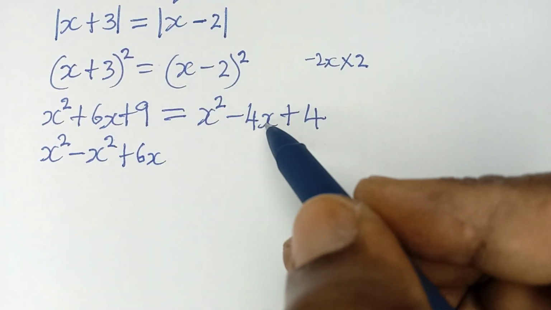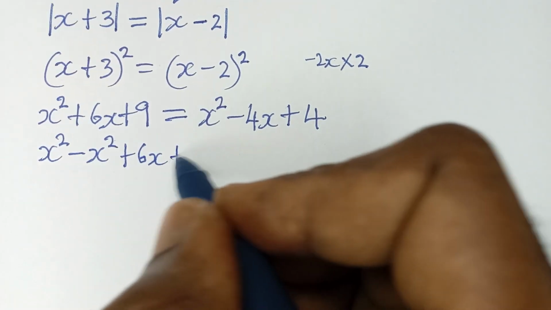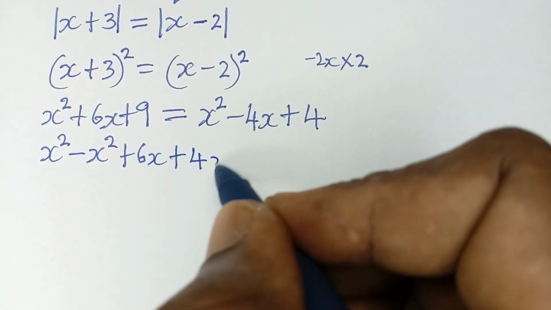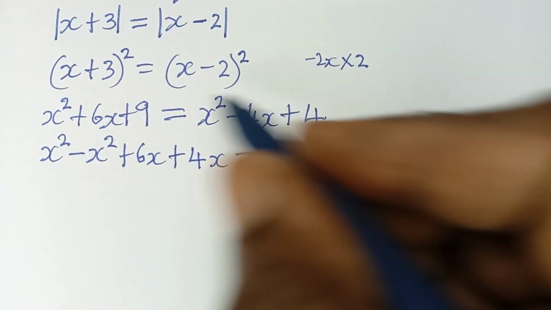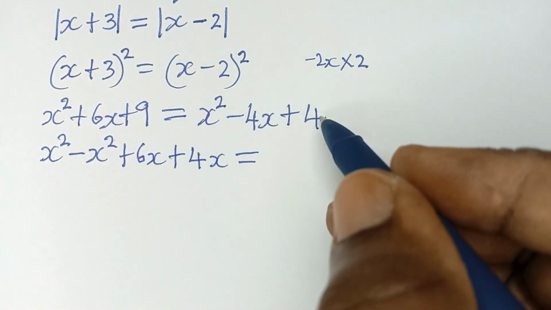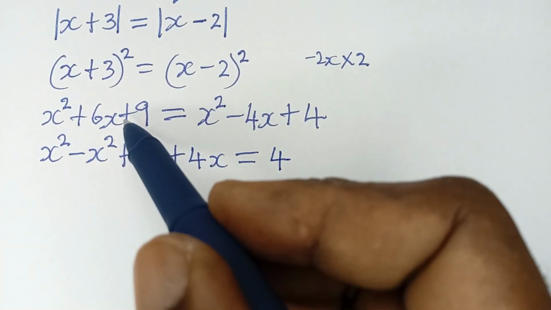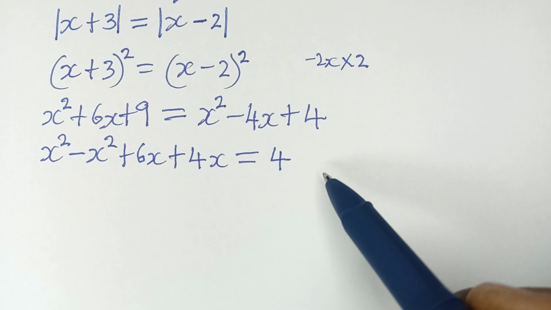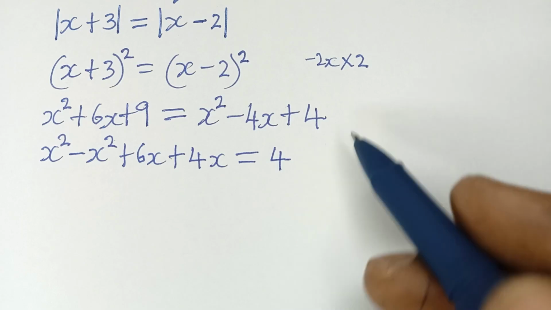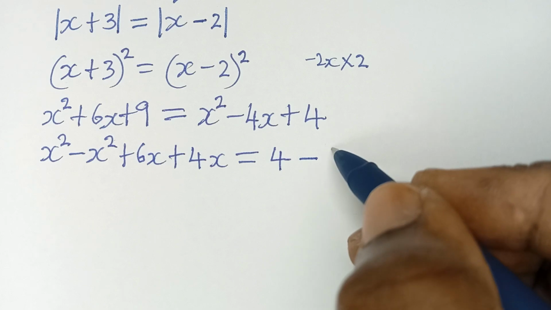This is negative 4x. If it crosses to the left-hand side, it becomes positive 4x. And then now let's put the constant terms on the right-hand side. So this is positive 4, I'm writing this first. And then this is positive 9. If it crosses to the right-hand side, it becomes negative 9.